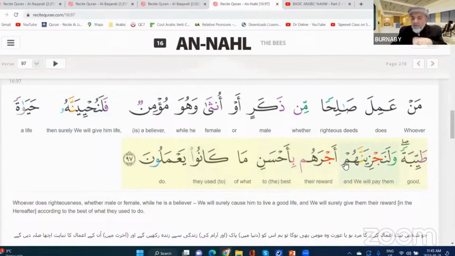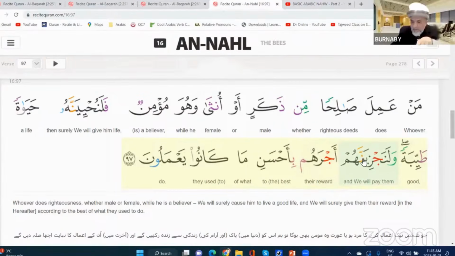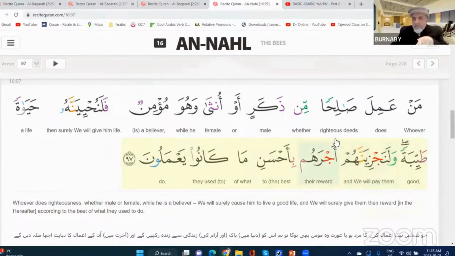Wala najziyannahum, and we will pay them. Where is the "them" coming from? This "hum". Is it attached? Yes. And jazayna, this "na" is "we". Ajrahum, their reward. We just looked at the attached pronoun. Ajr is reward, hum is "their".